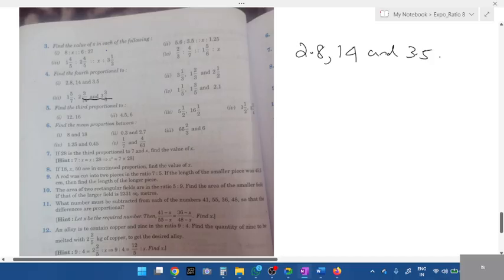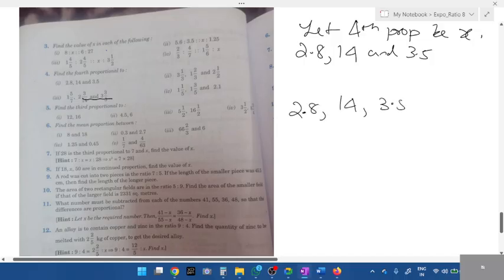Let the fourth proportion be x. Now 2.8, 14, 3.5, x, right? Next, 2.8 is to 14 is proportionate to 3.5 is to x.